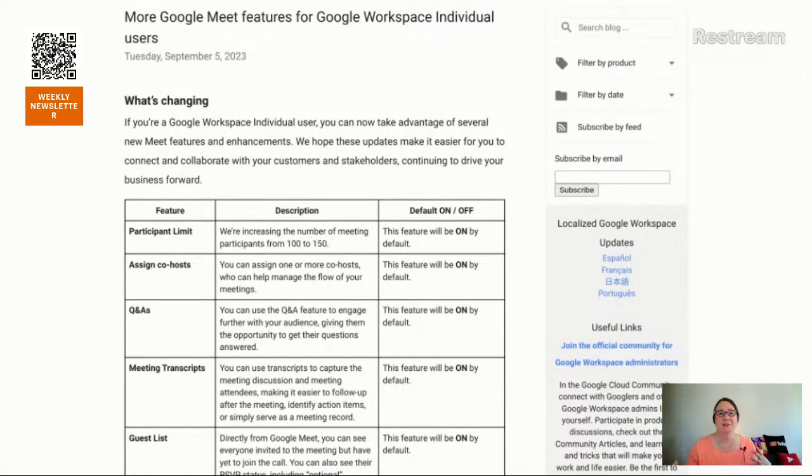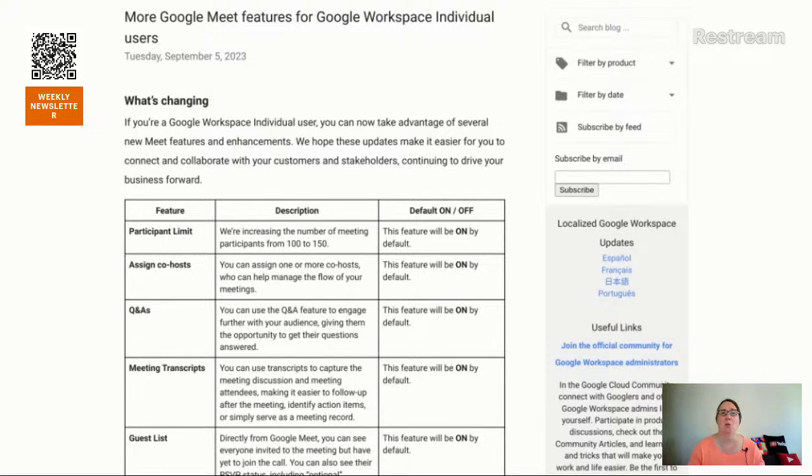Google Workspace Individual is an add-on to your personal Google account that lets you have access to advanced features in Google Meet video meetings, in Google Calendar, where you can have appointment booking, in Gmail with special formats and mail merge, and Google Docs. They have e-signature options. So this is, I think it is about $100 for a year. If you use these features, it's really well worth it.